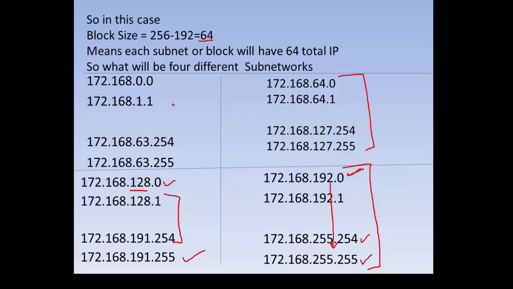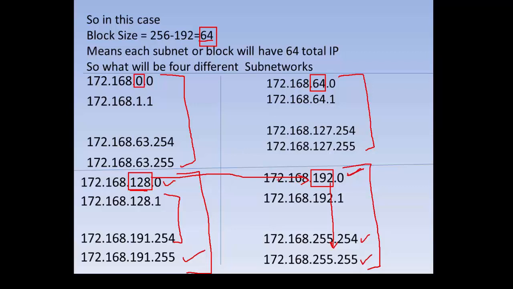Now each block has its own network ID, each block has its own broadcast IP. Only you have to take care in which particular octet the variation is taking place. You have to do the variation in that particular octet, like this and this one. 0 plus 64, 64 plus 64, 128 plus 64, 192.